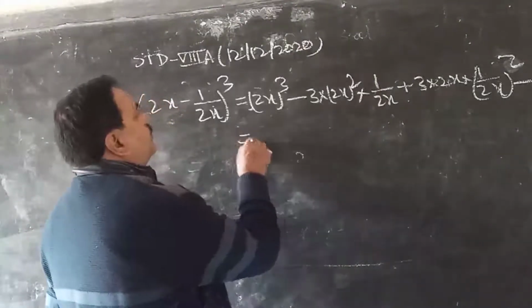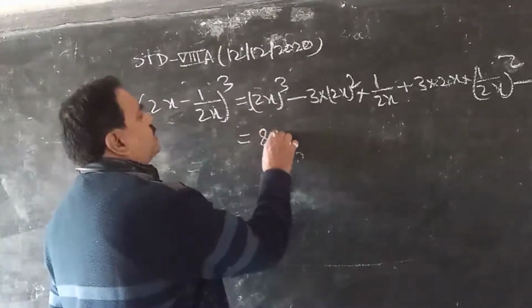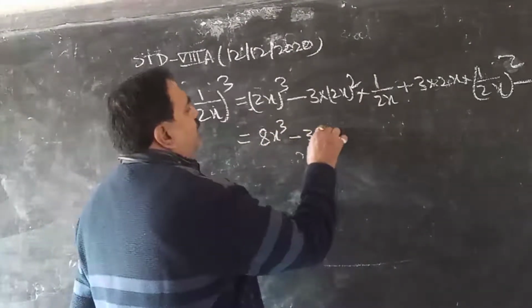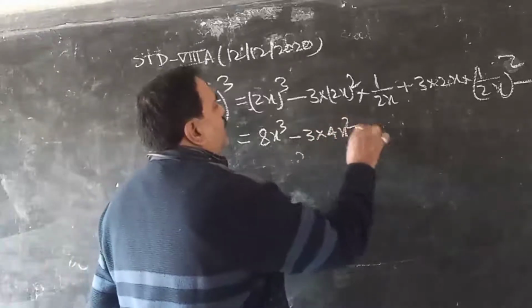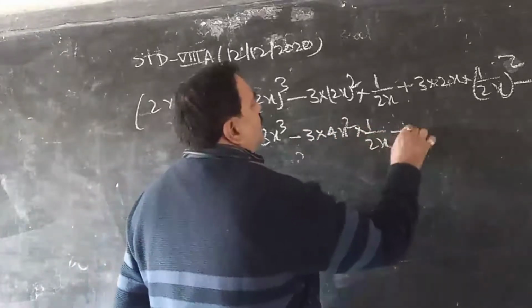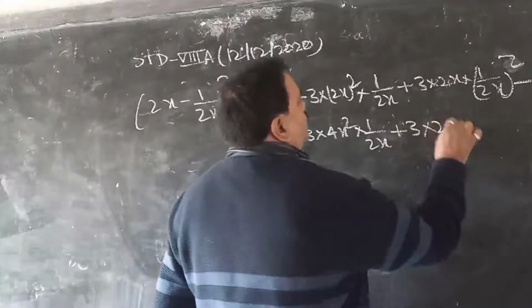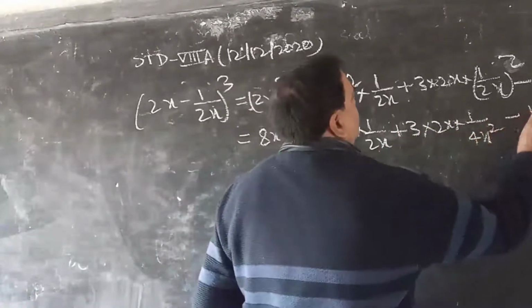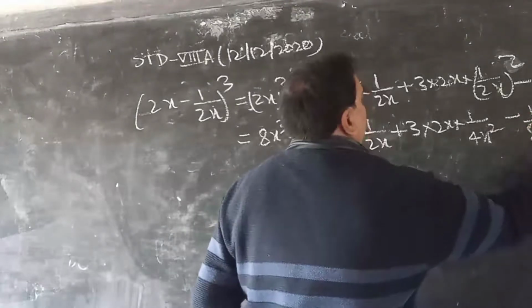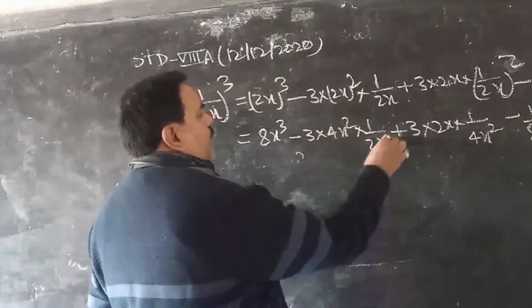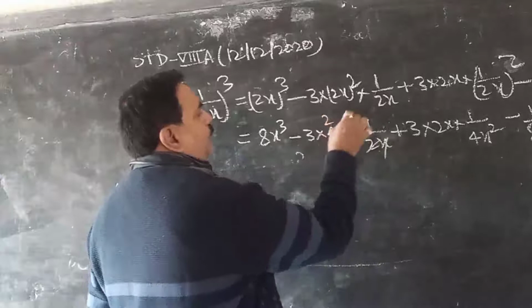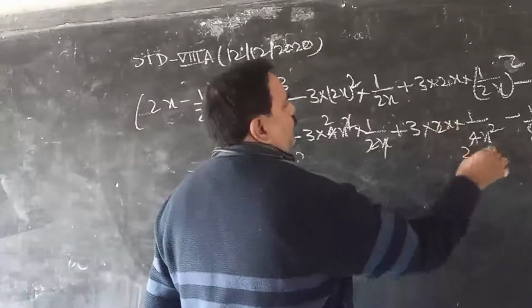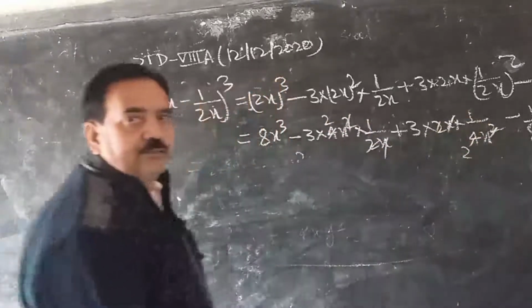So this becomes 8x cube minus 3 into 4x square into 1/2x plus 3 into 2x into 1/4x square minus 1/8x cube. One x will be cancelled.